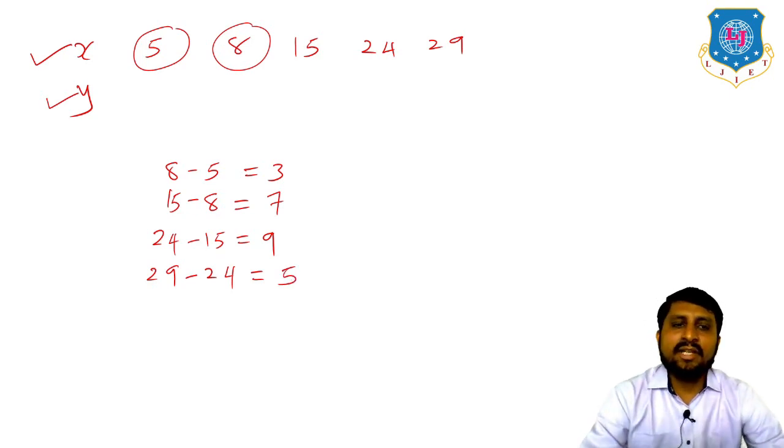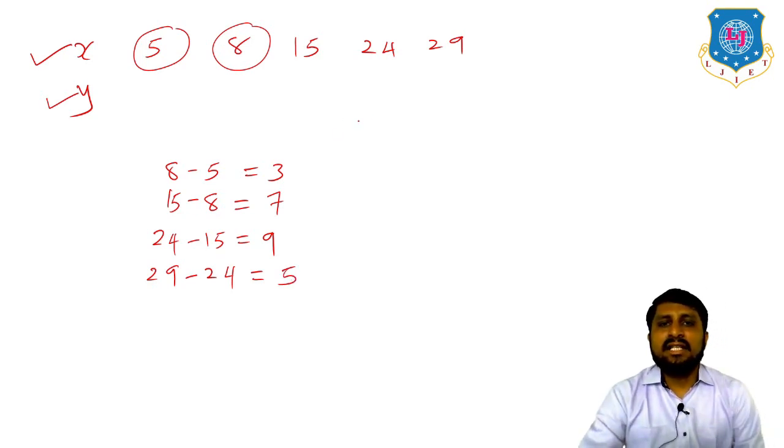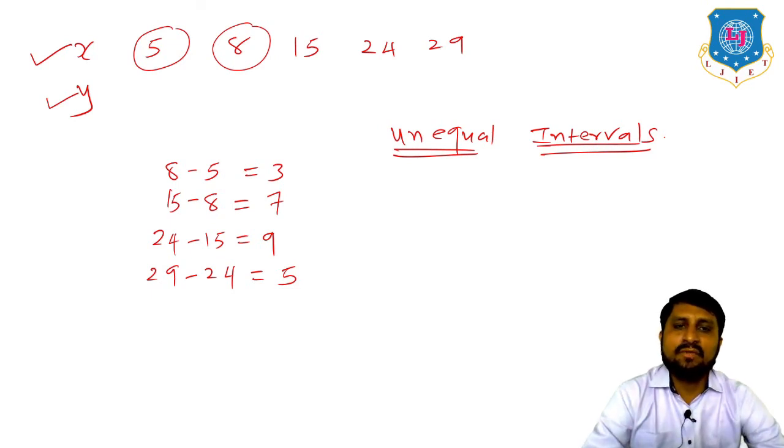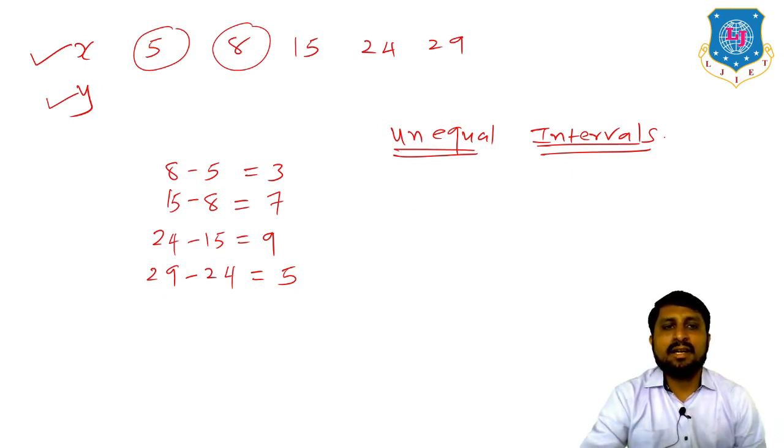So here you can understand that this is unequal interval. And for unequal interval, we cannot use Newton's forward or backward interpolation formula, or the Stirling interpolation formula. So for that we have to use the Lagrange interpolation formula.